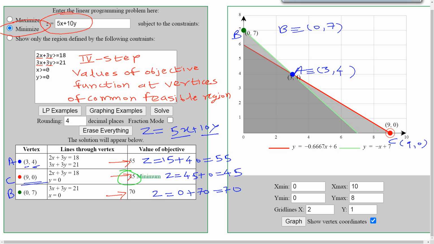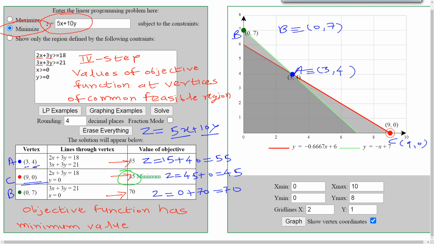So the final answer is that the objective function has minimum value. What is the minimum value? 45. Which objective function?